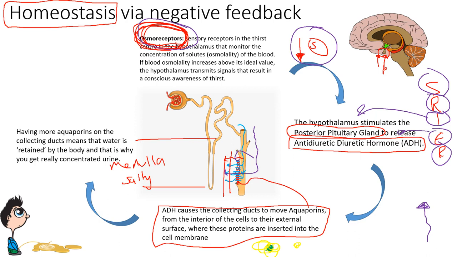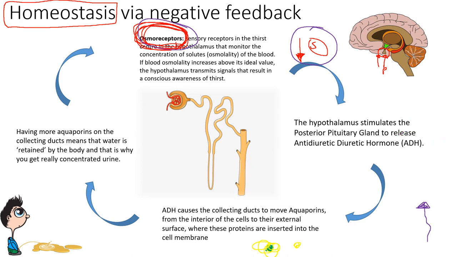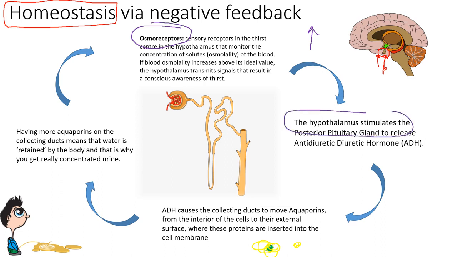Now, as is always the case in homeostasis, let's say that we are completely overhydrated, and it would work the opposite way round, and I'm hopefully not offending your intelligence by going through this. If we are overhydrated, so our hydration levels go up too much, osmoreceptors detect that. They tell the hypothalamus, the hypothalamus tells the posterior pituitary gland not to release antidiuretic hormone.